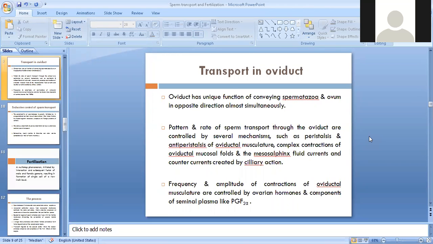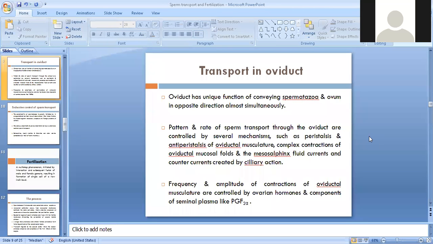This pattern and rate of sperm transport through the oviduct is controlled by several mechanisms, which include the peristaltic and antiperistaltic movement of the oviduct, and contraction of oviductal mucosal folds as well. The mesosalpinx has a fluid inside, so it also produces currents and countercurrents, which are created by the ciliary action of the cells of the oviductal mucosa.